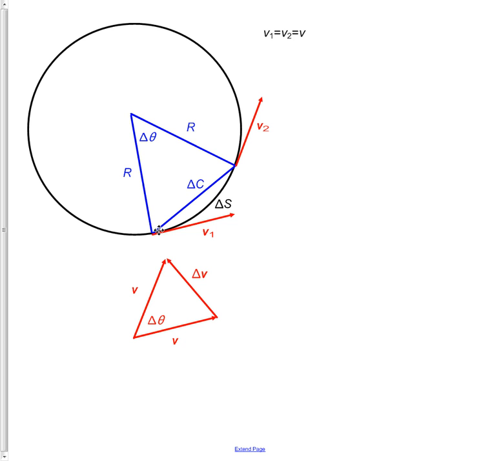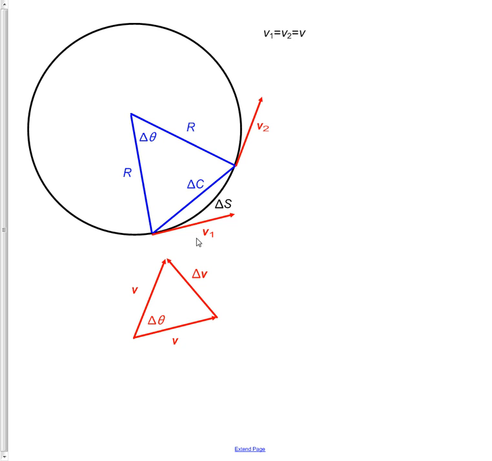During this time, the particle has traveled a path, which is this arc right here, and I'll call that delta s. So we have a triangle here. Delta theta is here. It's an isosceles triangle. These two sides are equal, and its base is of length delta c.